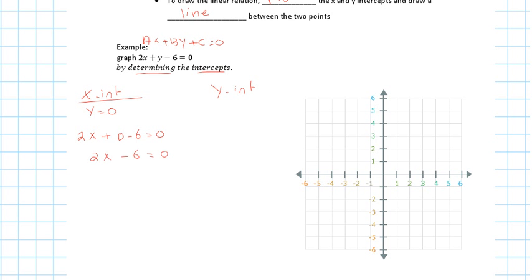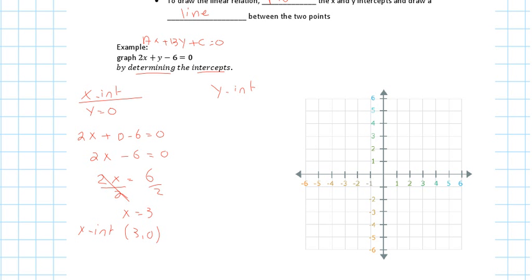What does it become when you move it over? So 2x equals 6, and divide by 2, so x equals 3. So the x-intercept is 3, 0. Are we okay with that?